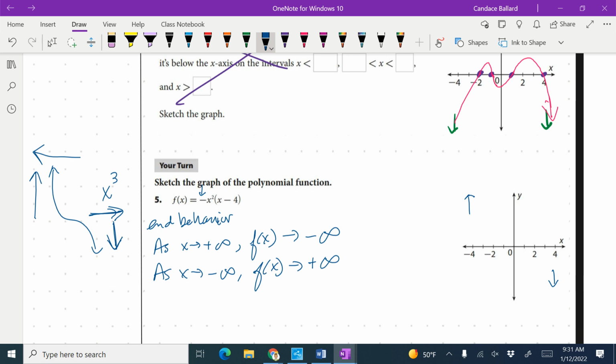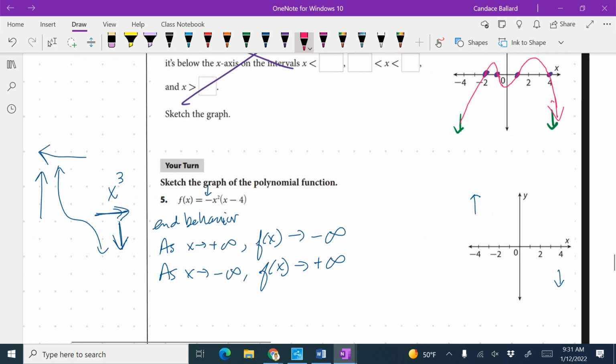Okay. The next thing I deal with are the zeros. So to get the zeros, I set the whole thing equal to 0. Zeros or the x-intercepts, they're the same thing. I'm going to set each one of those terms equal to 0. So negative x squared equals 0 and x minus 4 equals 0.